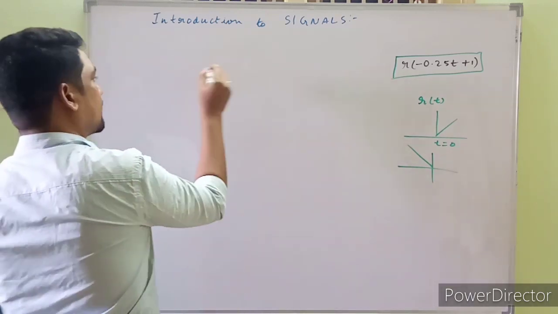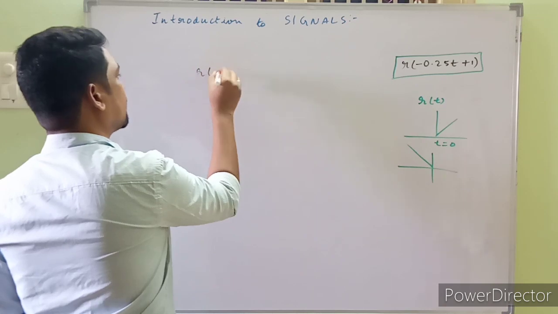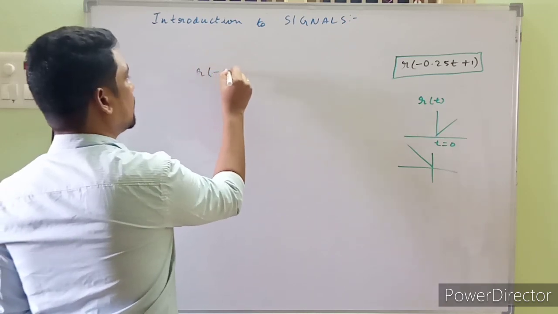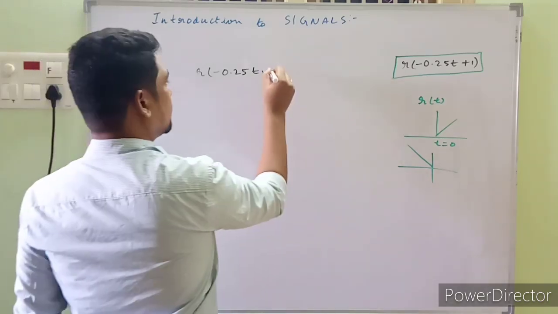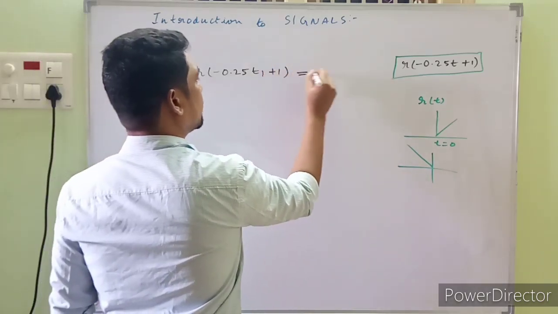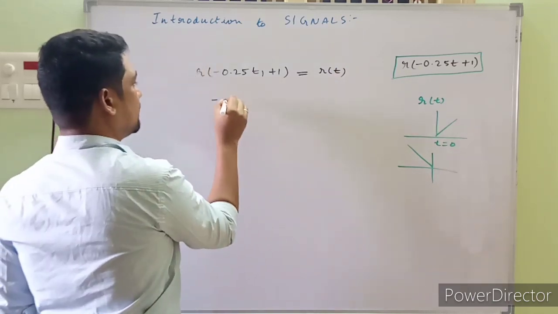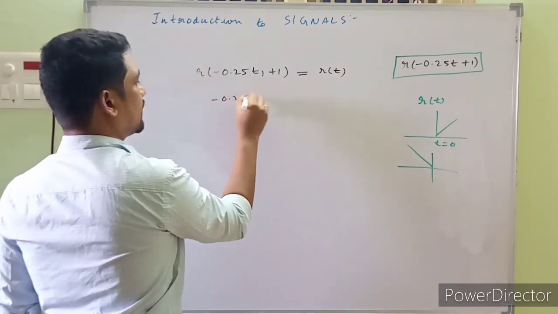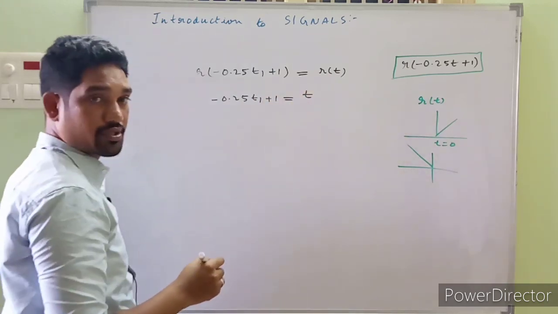So the given r of minus 0.25 t1 for convenience plus 1 is a manipulated version of r of t. In the sense, the time minus 0.25 t1 plus 1 is a manipulated version of the original t.